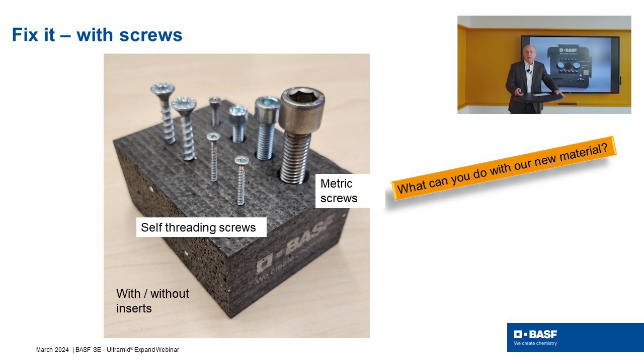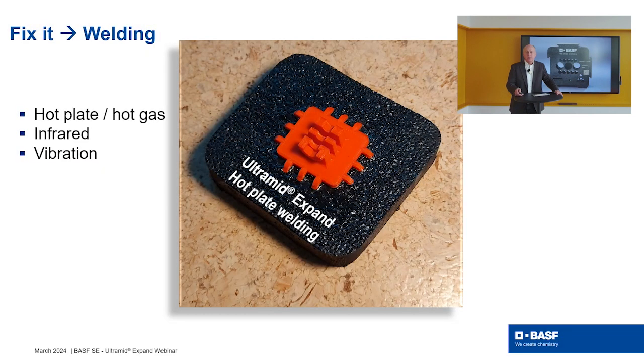You can make metric screws with inserts that you put in after you have foamed the part, but you can also incorporate those inserts while foaming so that the part comes out of the foam mold and has already a metric thread inside. Other things you can do is you can weld it. Patrick already mentioned that. Hot plate or hot gas welding, infrared welding, or vibration welding is possible, and this is also a possibility to combine our PA foam with injection molded parts.